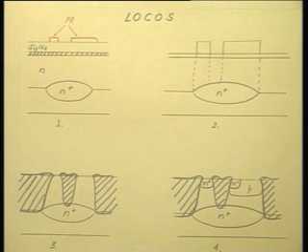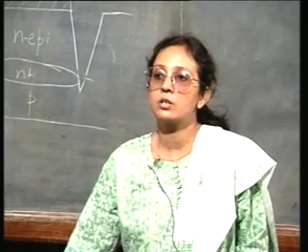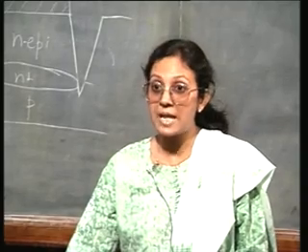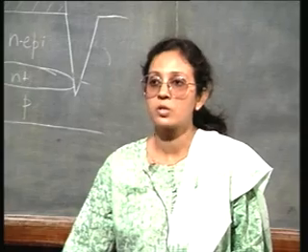LOCOS, that is local oxidation. The key factor, the most important factor in this, is the term local oxidation. We want some regions of the semiconductor to get oxidized, and we want some other regions, the active region for example, to be prevented from oxidation.